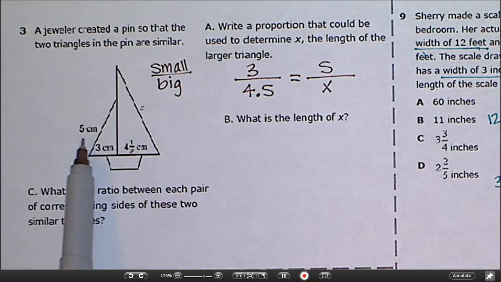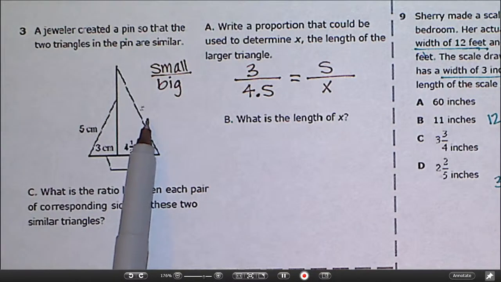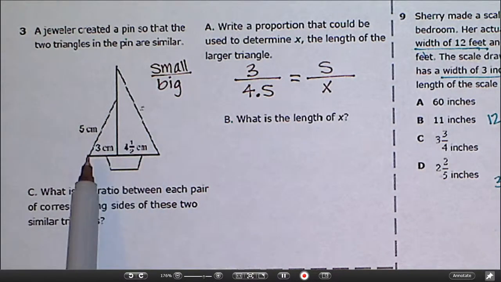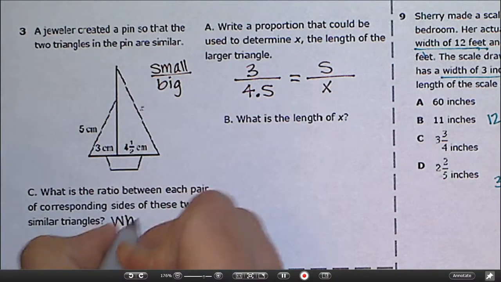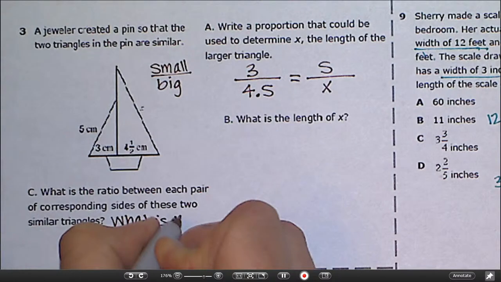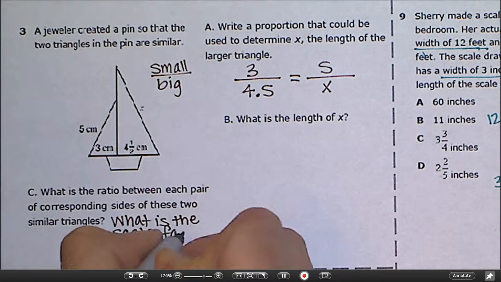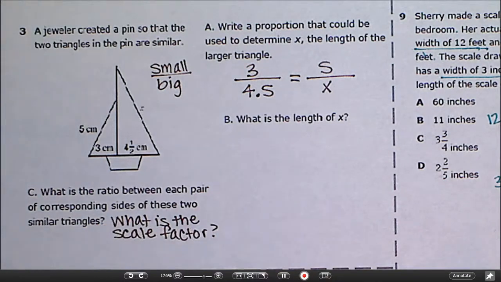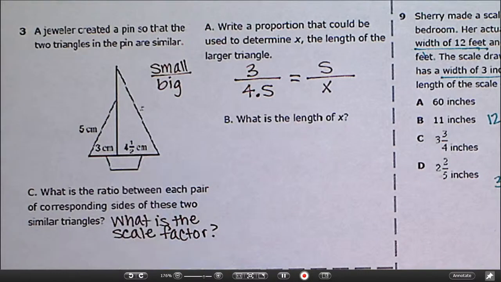And what is the ratio between 5 and whatever you figure out for x? What's the ratio? What's the scale factor? That's another way of putting it. What is the scale factor? What do we multiply this triangle by to get the sides on this triangle?